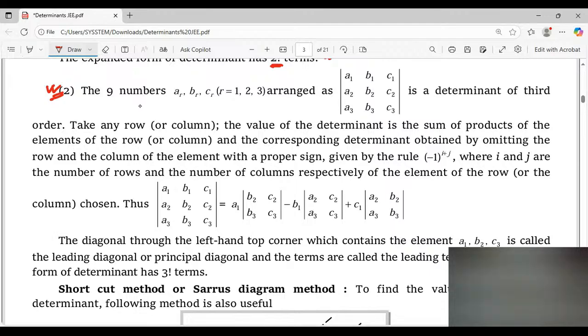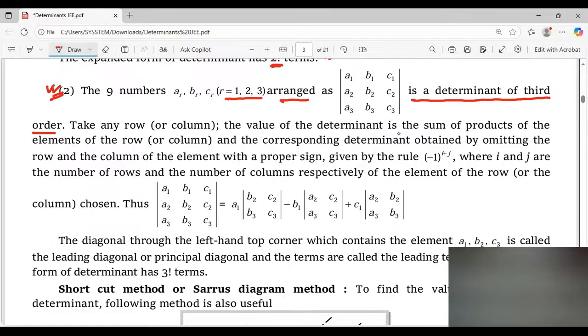The 9 numbers Ai, Bi, Ci, with i equal to 1, 2, 3, arranged as A1, B1, C1, A2, B2, C2, A3, B3, C3 is a determinant of third order. Take any row or column.